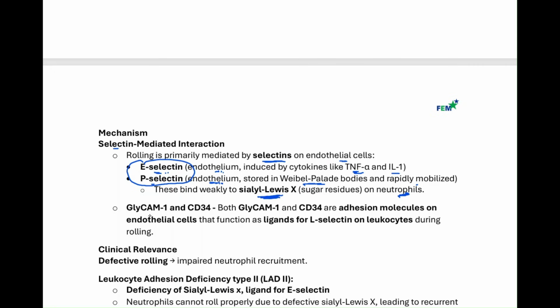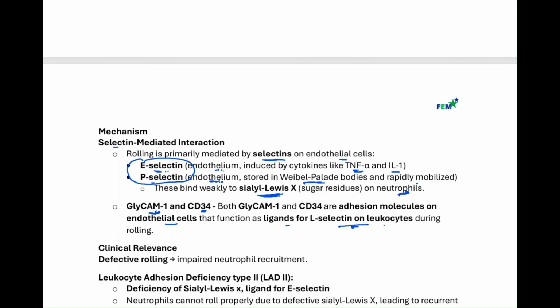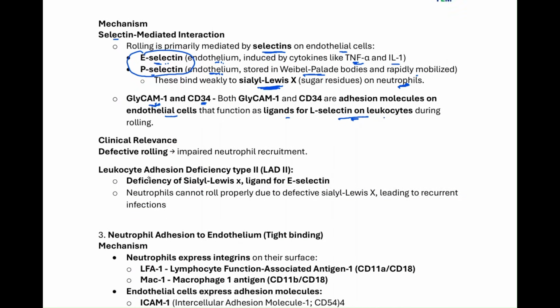And the other thing we also have is GlyCAM-1 and CD34. Both of them are adhesion molecules on the endothelial cell that function as ligands for L-selectin on the leukocyte. So these are going to be binding to the L-selectin on the leukocyte. And of course, if there's a problem with this, that will lead to what?